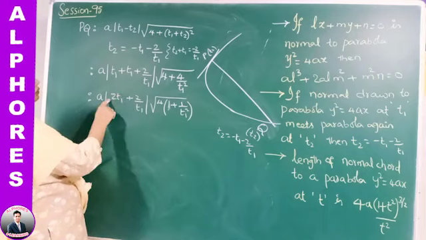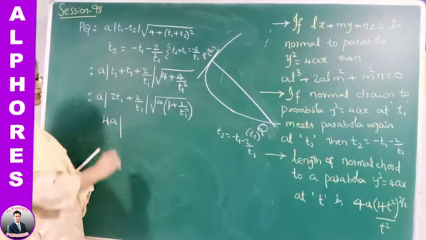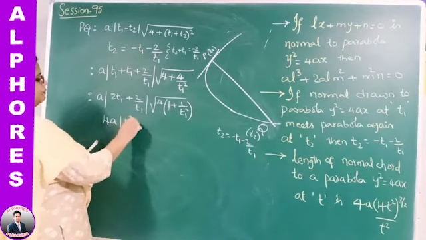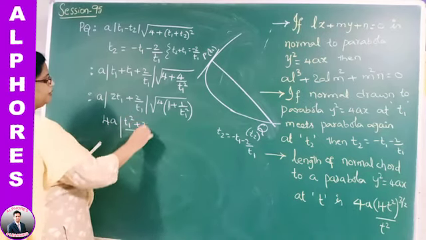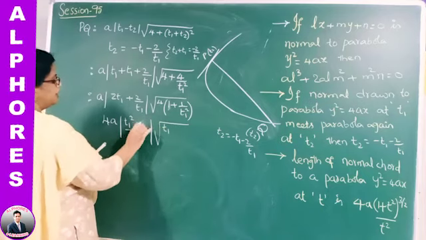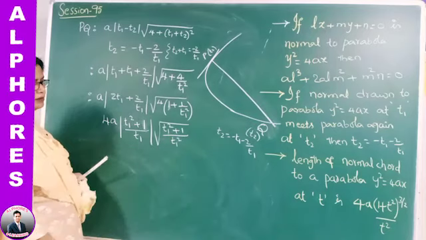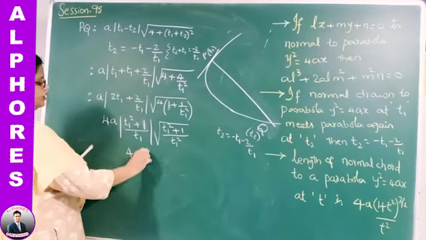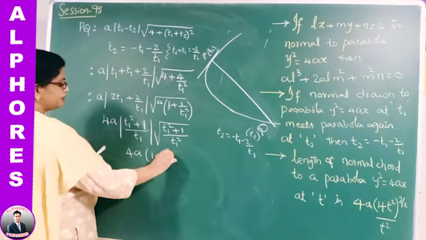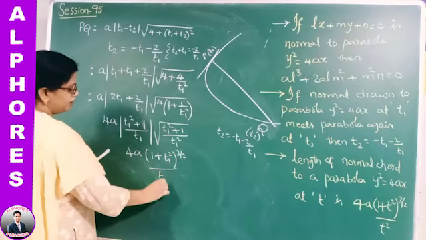From here you will get 2 common, here also you will get 2 common. So 4a into mod of (t1 square plus 1) divided by t1. And here also under root of (t1 square plus 1) divided by t1 square. So finally how much you got? 4a into (1 plus t1 square) to the power of 3 by 2 divided by the denominator t1 square.